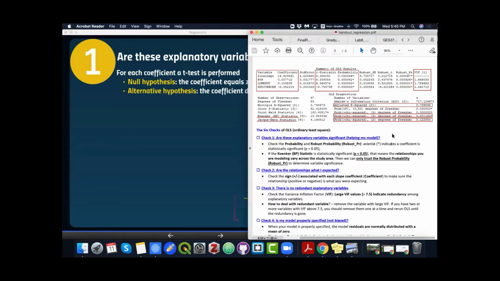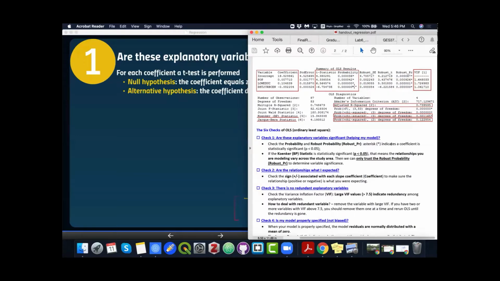If we refer to the table, it is what you will get after running the ordinary least square regression in ArcGIS. You will get a report like this. There are many numbers. By looking at the three variables and the corresponding columns, you'll get their probability. The p-values are reported under probability.